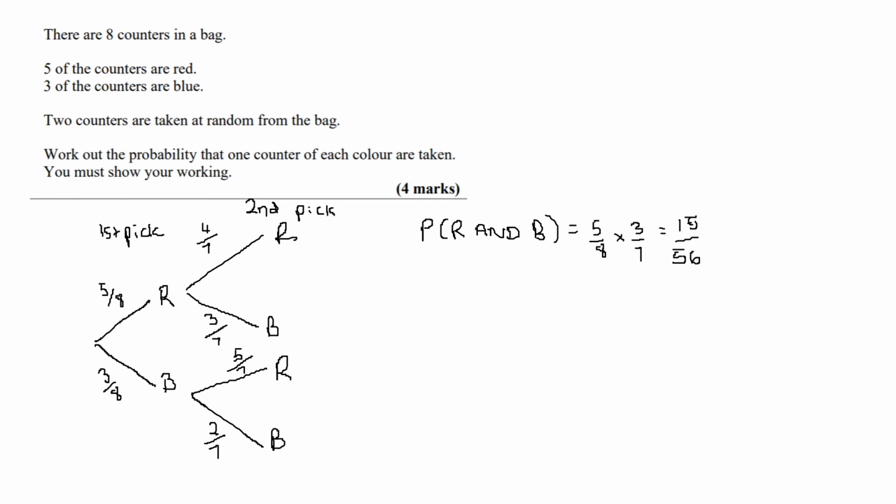Or I could pick blue first and then pick a red counter. And that would give me 3 over 8 multiplied by 5 over 7, and that again would give me 15 over 56.